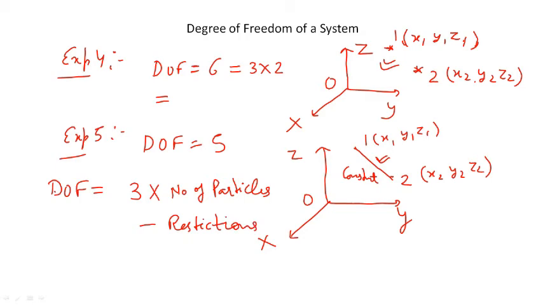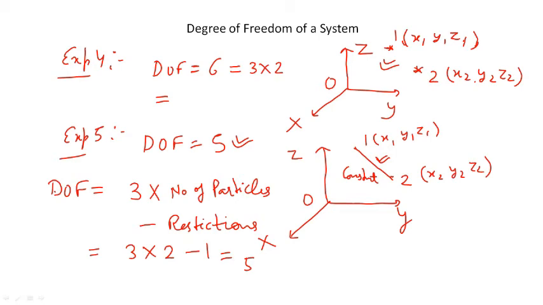So what will be the degree of freedom here? As we have already written, in this case it will be 5. Because it is a 3-dimensional space and the number of particles is 2, it is 3 into 2 minus 1. So here the restriction is 1. What is the restriction? That the distance between the two objects is constant. So here the degree of freedom will be 5.